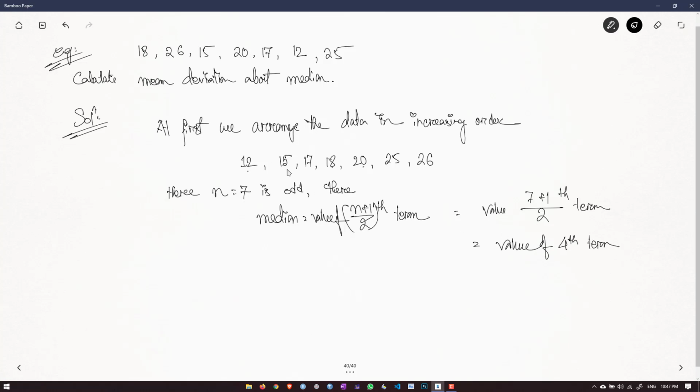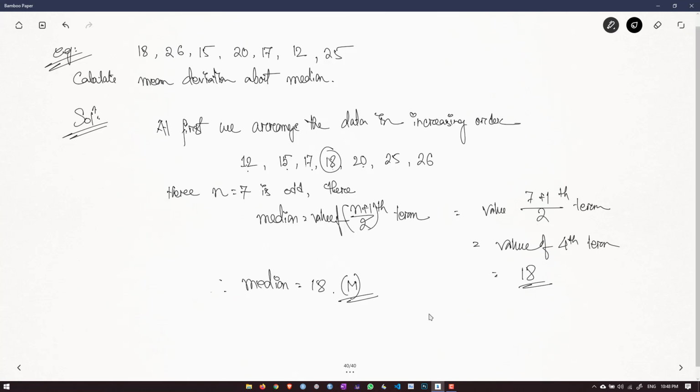Now what is the 4th term? 1, 2, 3, 4, that means this is the median, which is equal to 18. Therefore, in this case, median is equal to 18. Let us denote median by capital M, for ease of calculation.